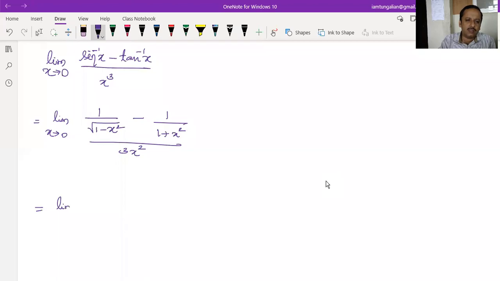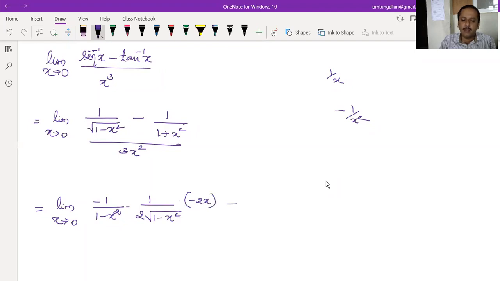Using L'Hospital's rule again, derivative of 1 by root 1 minus x square, it is of the form 1 by x. Derivative of 1 by x is minus 1 by x square. So derivative of this is minus 1 by 1 minus x square into the derivative of root 1 minus x square, which is 1 by 2 root of 1 minus x square into the derivative of 1 minus x square, which is minus 2x, minus the derivative of 1 by 1 plus x square.